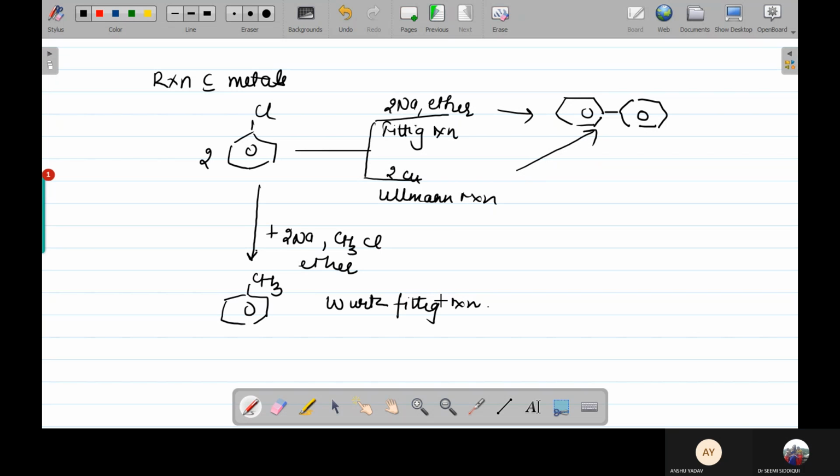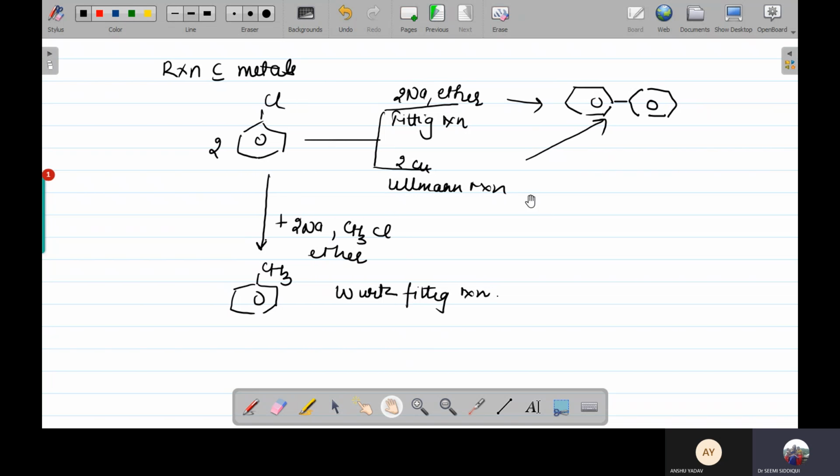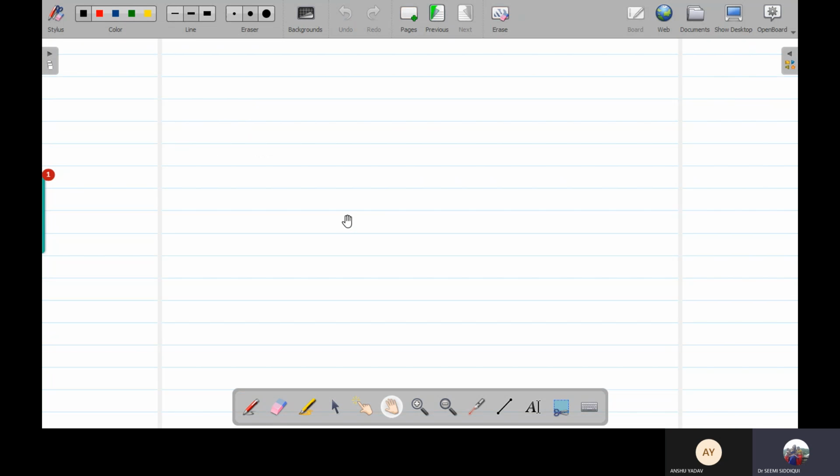Then another chemical property is that these haloarenes undergo electrophilic substitution reactions.